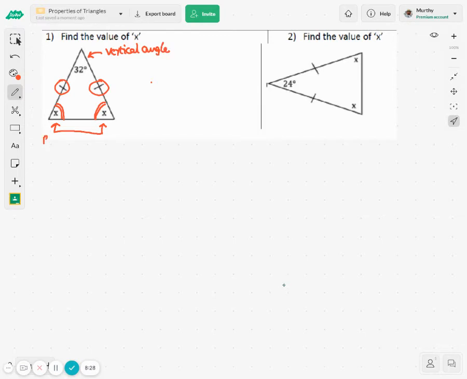In the previous lesson you learned that the sum of three angles of a triangle equals 180 degrees. Therefore here x, the second one is x, and the third one is 32 degrees, which equals 180 degrees.